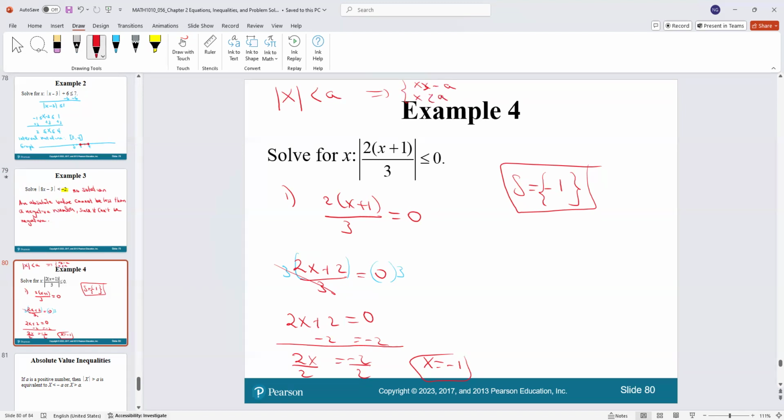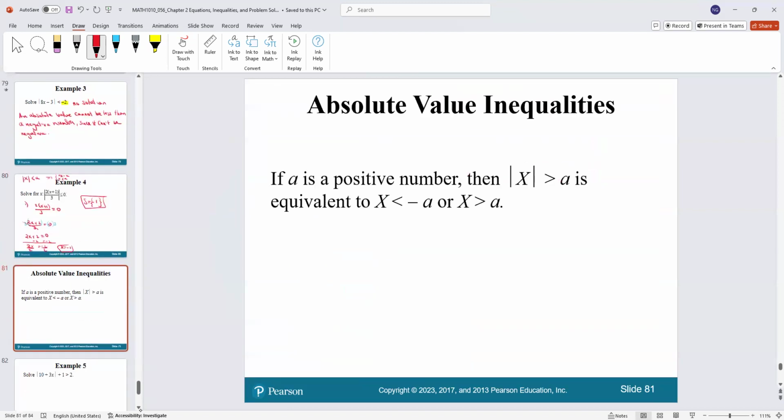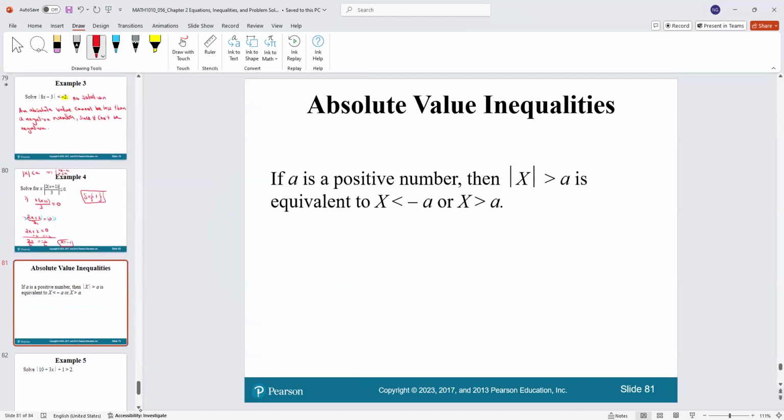Now, the second objective we pursue is when a is positive and the absolute value of x is greater than a. Then you have two solutions: either x less than negative a or x greater than a. Remember, if you want, you can still put the less than or equal to symbols to it. It doesn't matter.